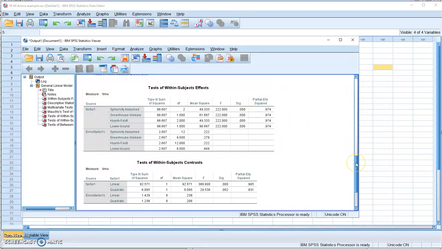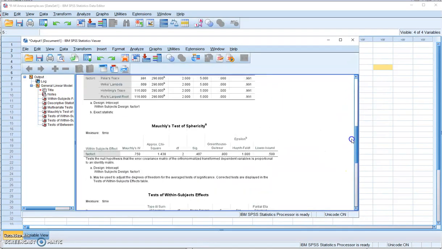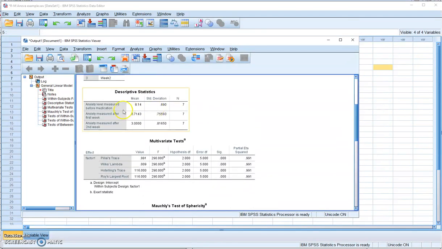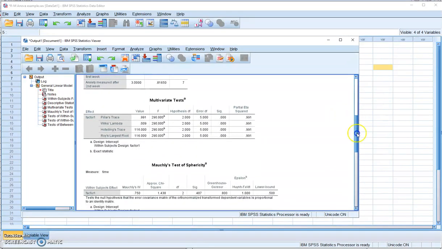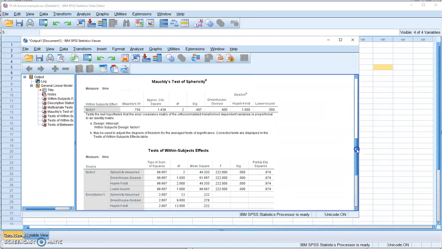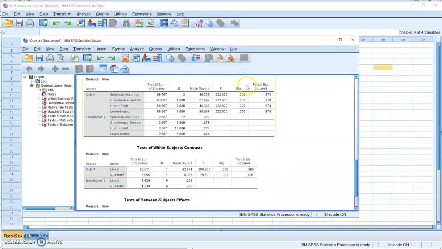This tells us that if the null hypothesis were true, and the null hypothesis says there's no difference in the anxiety level measured at the 3 times, the probability for us to observe the 3 means with such strong differences is lower than 0.001.